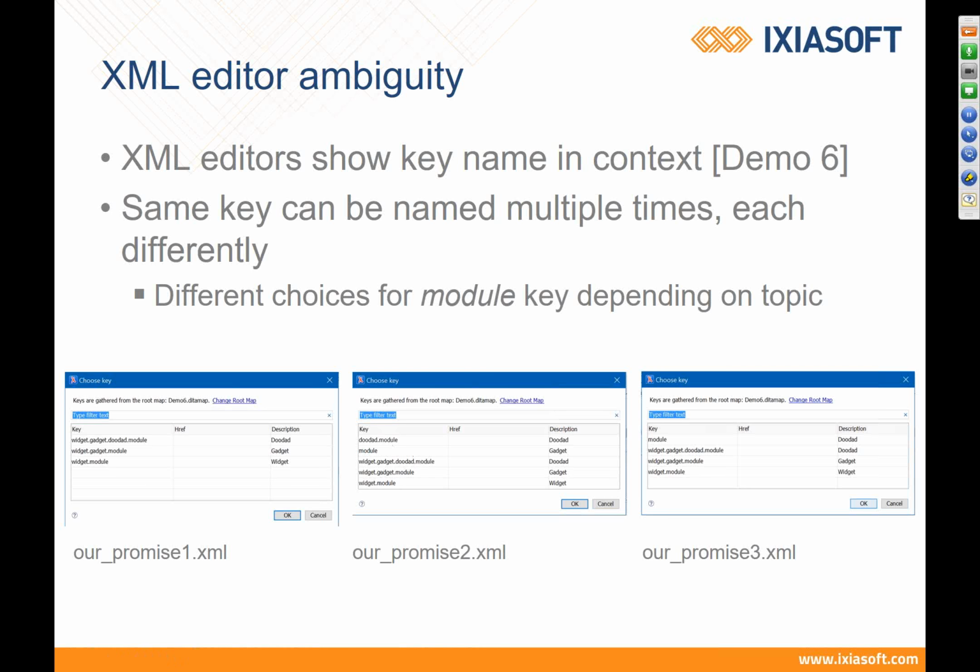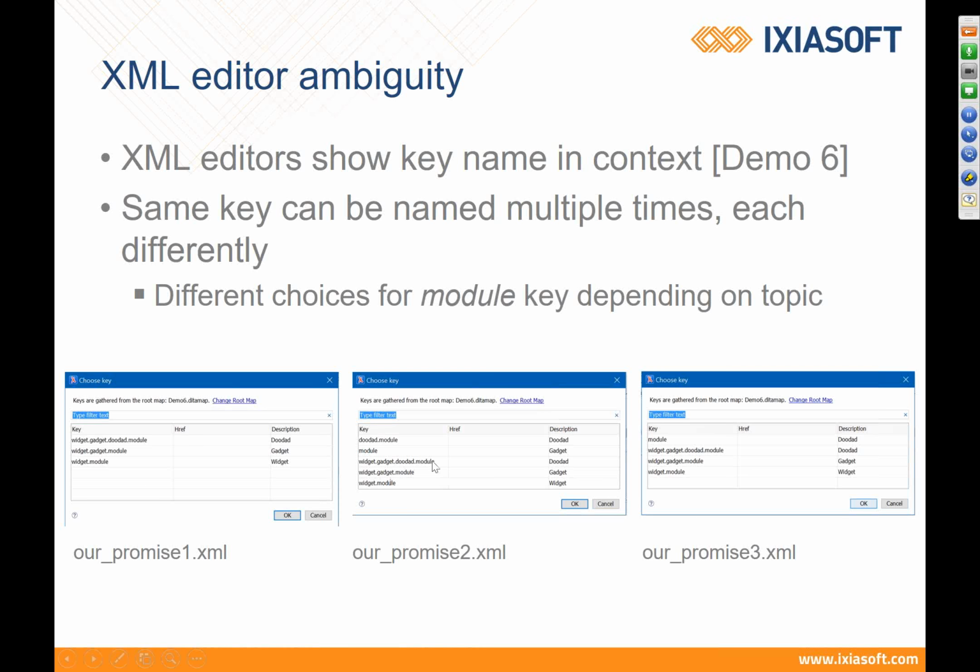And therefore, my pathing from this location to those different keys is going to be different. So I still see widget module, I still see widget gadget module, I still see widget gadget doodad module, but now I see just a plain module key with no pathing on it, no scope qualification. And then I also see the doodad module key, which is the same thing as this key.